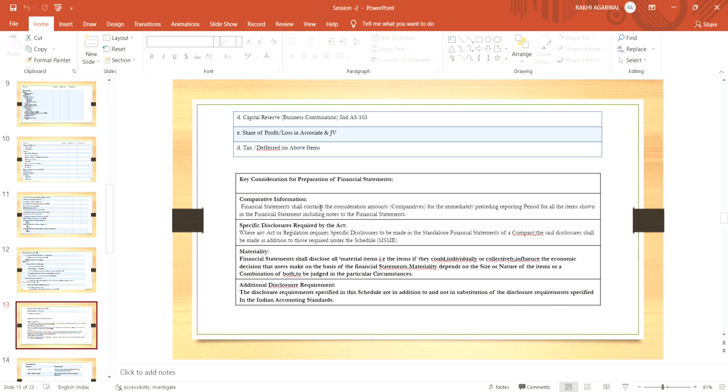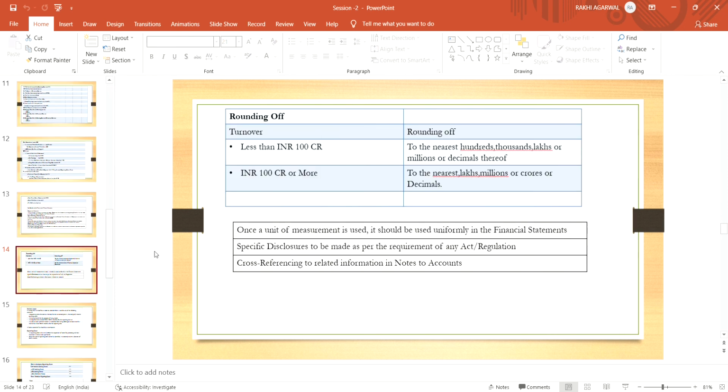Any material transaction which influences the decision of the user is to be disclosed. And additional disclosure requirements. Schedules are in addition to, like if any merger happens, any specific disclosure which is important for financial statement is to be disclosed according to the accounting standard.